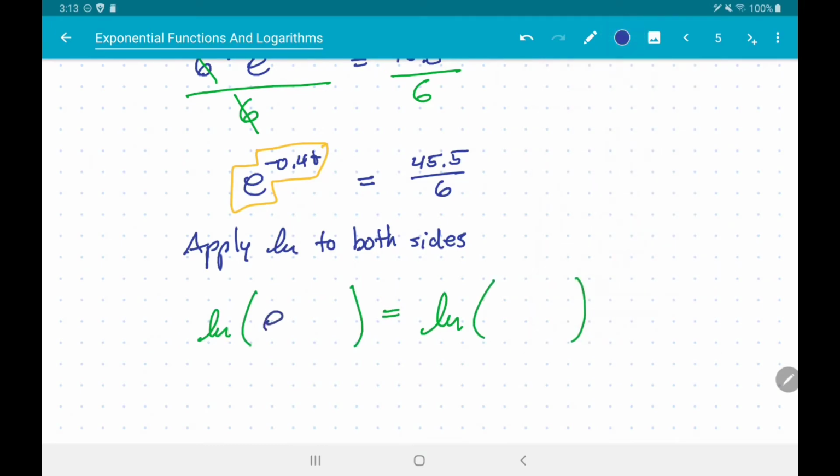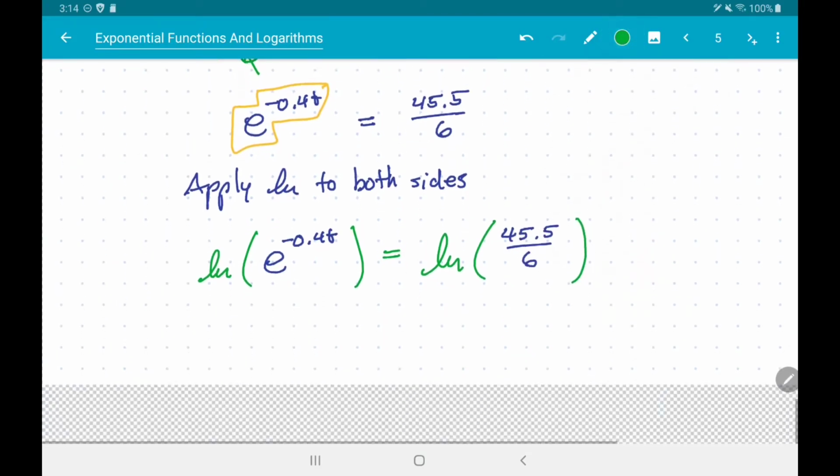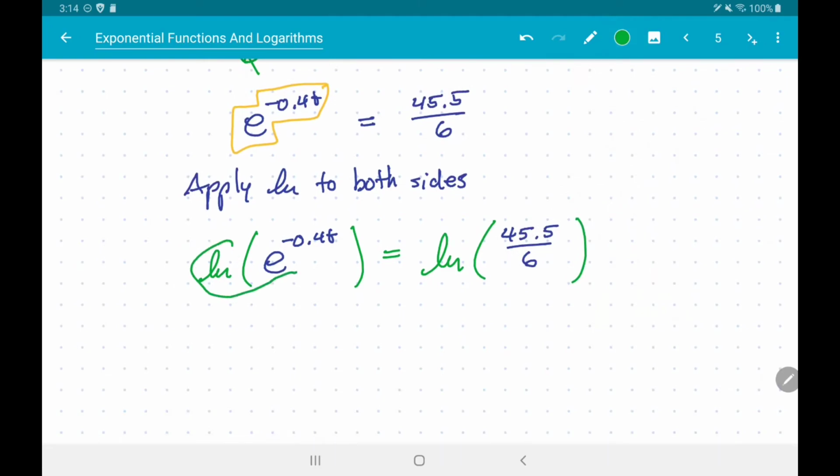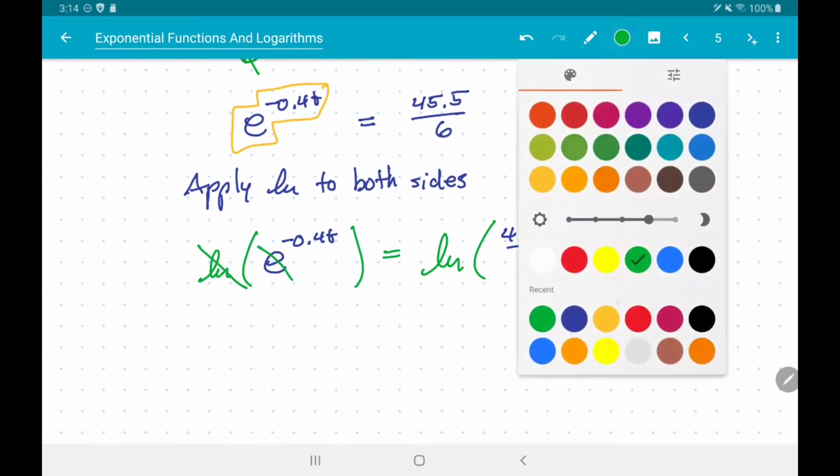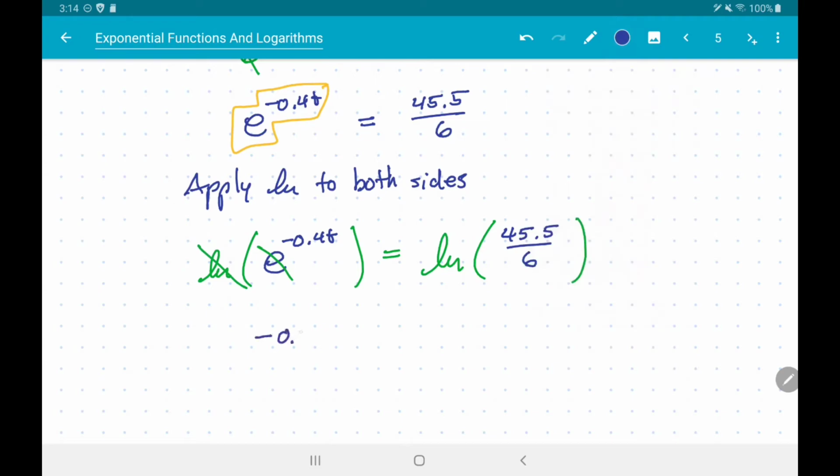So ln of e to the negative 0.4t equals ln of 45.5 divided by 6. Again, the point of doing that is that ln and e to a power are inverse functions. We're going to be left with just the negative 0.4t that was up in that exponent.